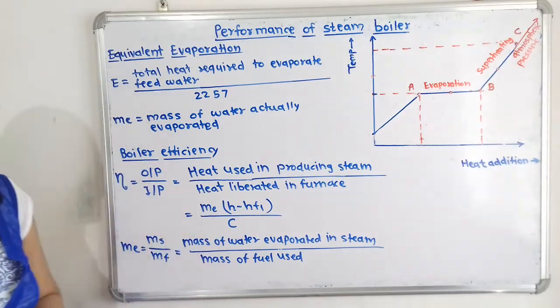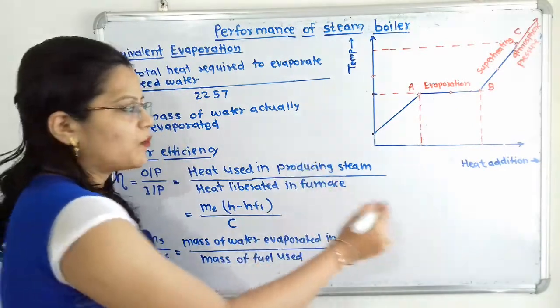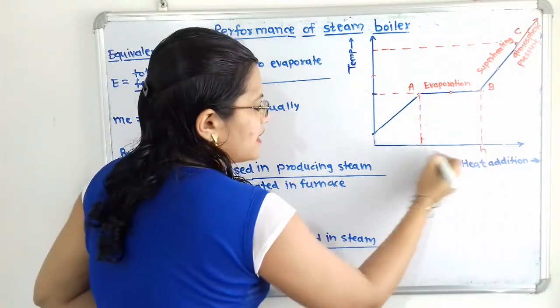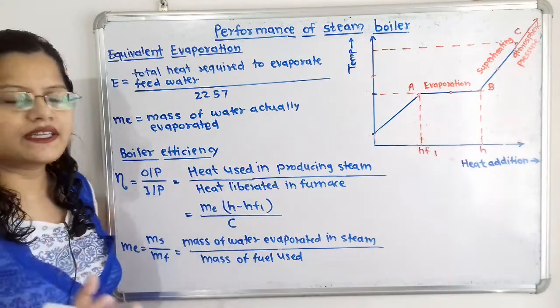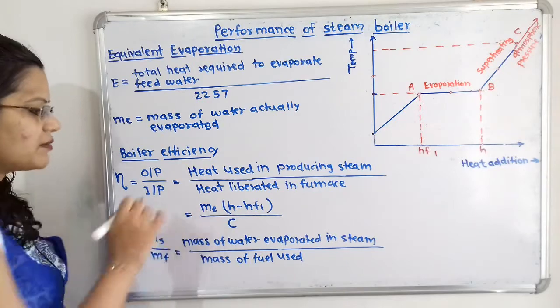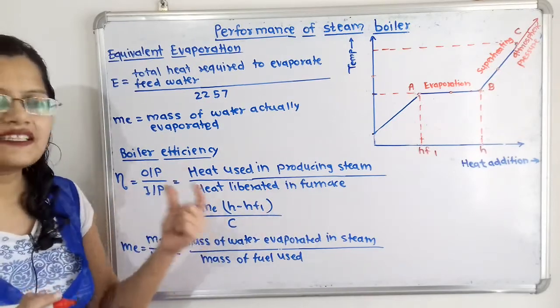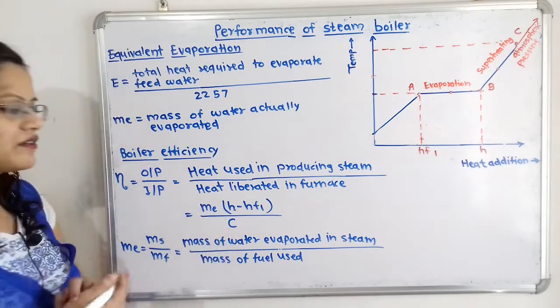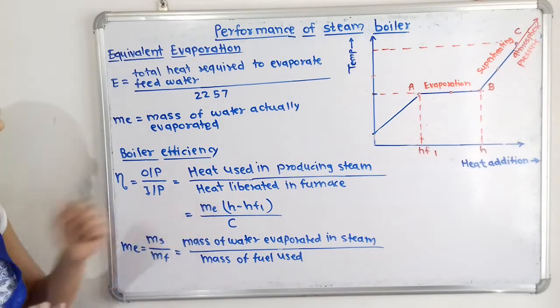So we know that during the process of evaporation that is taking place in the boiler, we have to take this enthalpy difference, that is H minus HF1 multiplied by the mass of water actually evaporated, that is Me, divided by heat liberated in the furnace, that is the calorific value of fuel that we have to take. Then Me, how we can define?